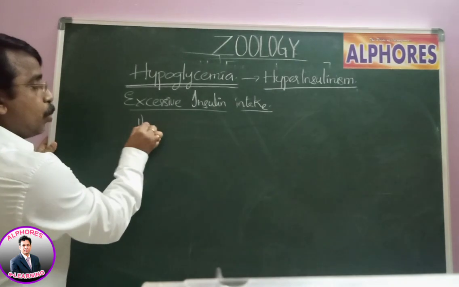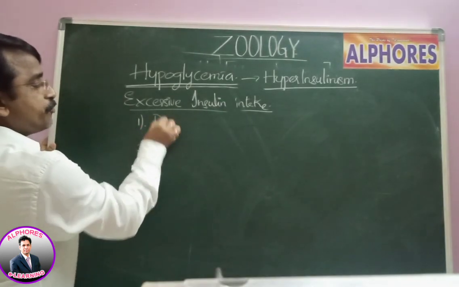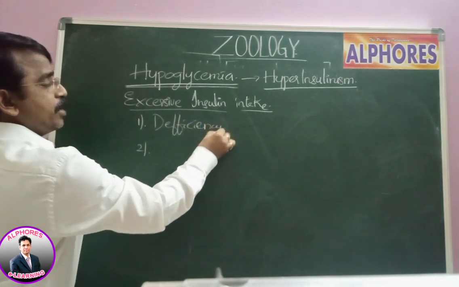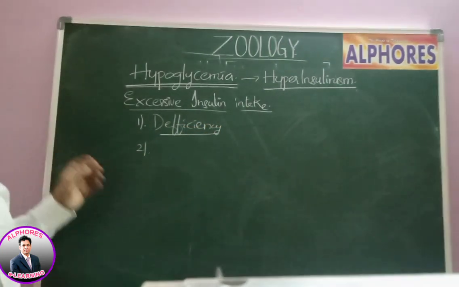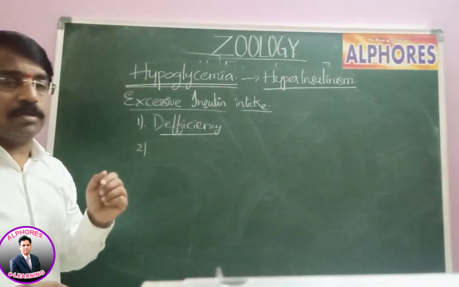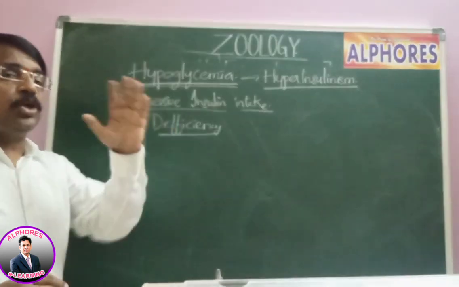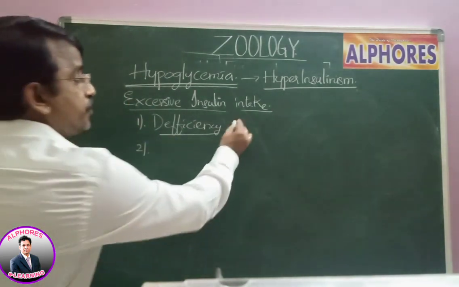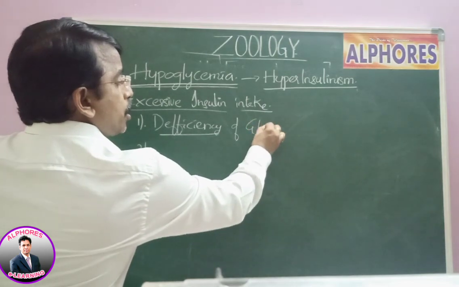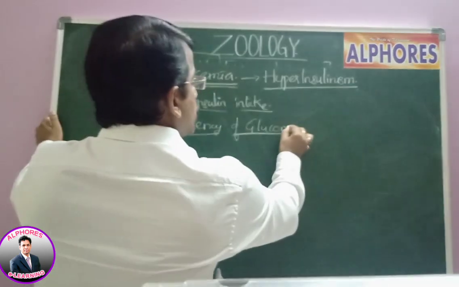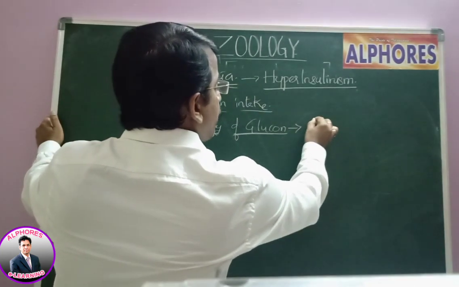One, the deficiency of glucagon. What is the role played by glucagon? Glucagon is a hyperglycemic hormone, which converts glycogen into glucose. Glucagon is secreted by the alpha cells.